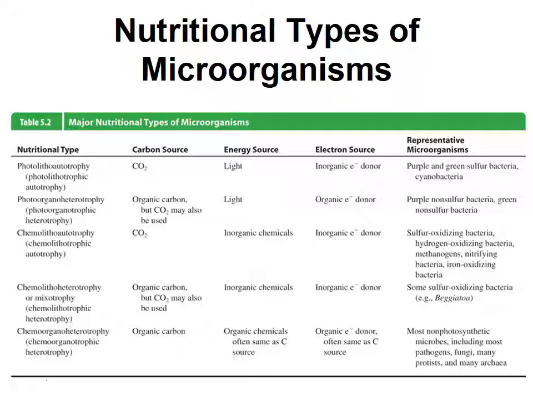And it's probably worth noting that although a particular species generally belongs to one of these classes, some of them actually show quite a lot of metabolic flexibility, and they can alter their metabolic patterns in response to environmental changes. In other words, they can switch from one class to the other.